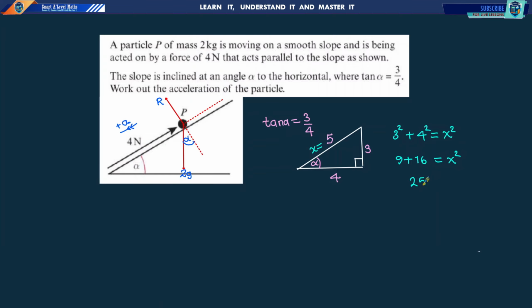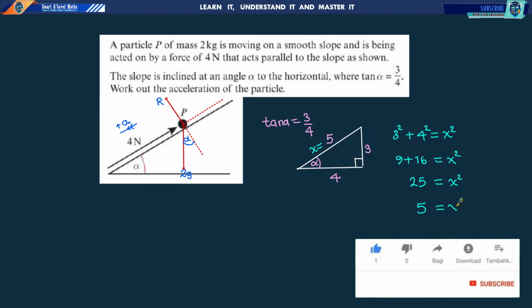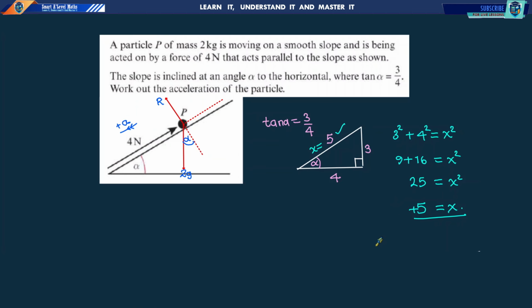Summing together, we have 25 equals x square. Taking root on both sides, we will have 5 equals x. We have simply considered the positive root because we're dealing with length, and that is why we have our 5 here. Now taking this, we can plot our sine of this angle alpha as opposite over hypotenuse. So our opposite is 3 and hypotenuse is 5.